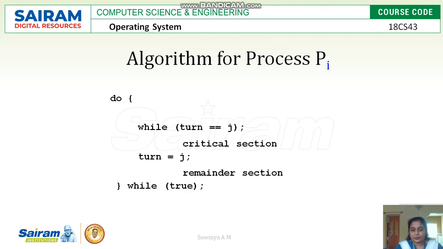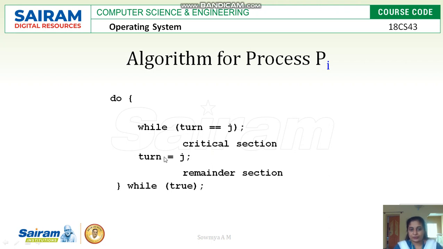The algorithm for process Pi under the critical section: we take a condition like turn equals j, do while turn equals j, enter the critical section. Whatever the process from P0 to Pn-1, for the process Pi, if the turn value equals j, then the critical section is given for entry.